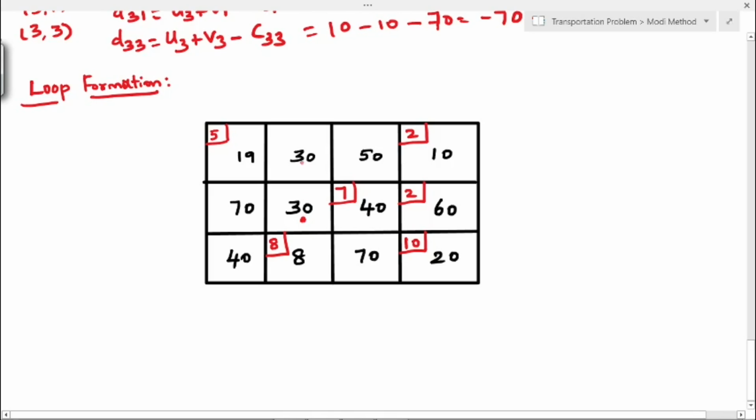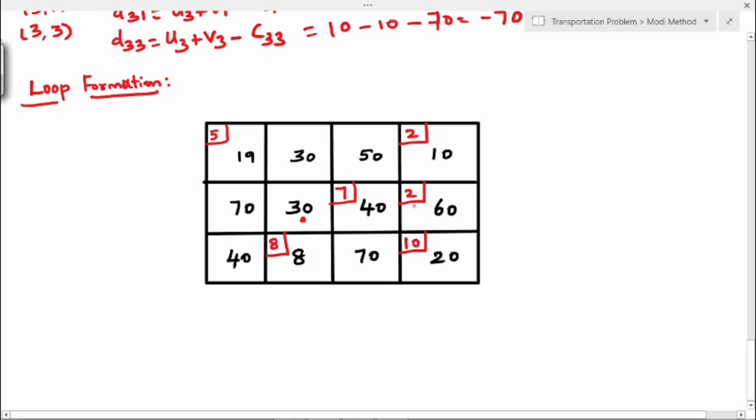I cannot go to this place because this is unoccupied. Similarly, I cannot go to this place because that is also unoccupied. This 50 and 70 are also unoccupied, so I am not supposed to go to this place. So I can go either to the right-hand side or downwards.